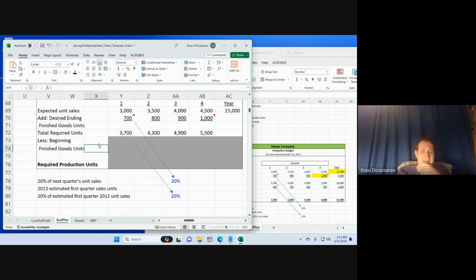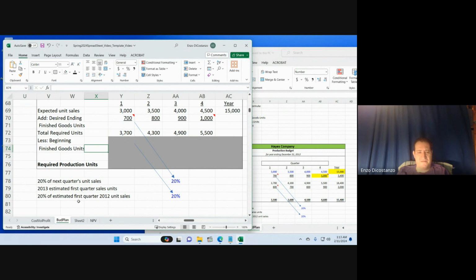And now the beginning one is, well, what you're starting with and what you're ending with, it's that same percentage. I'm saying the end of one quarter is considered the beginning of the next. So you're just using that 20%. And now in this part, it says less beginning finished goods units.